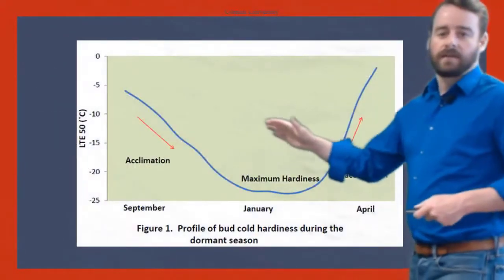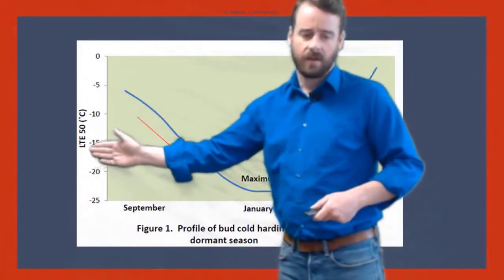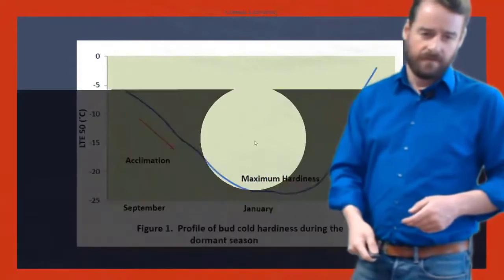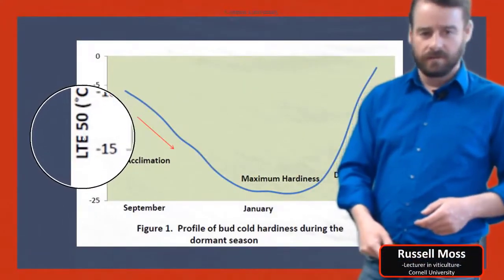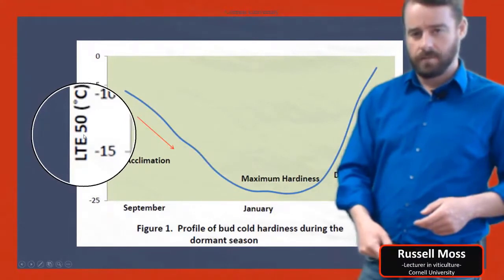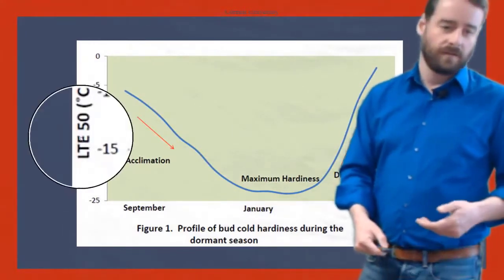Okay, so it looks like this. What you're seeing here on the y-axis is what's called LTE 50, which is lethal temperature exotherm 50, expressed in Celsius here.